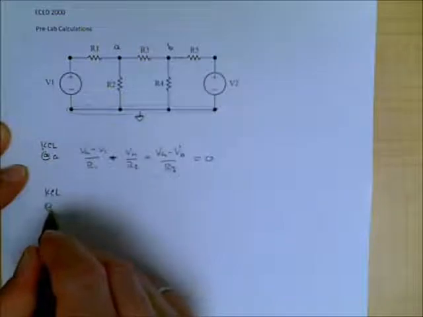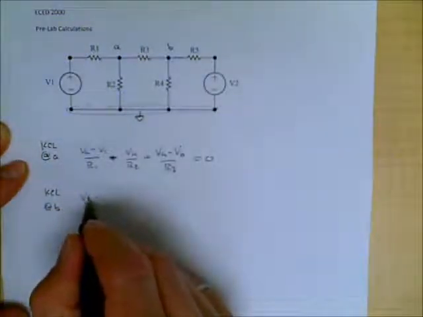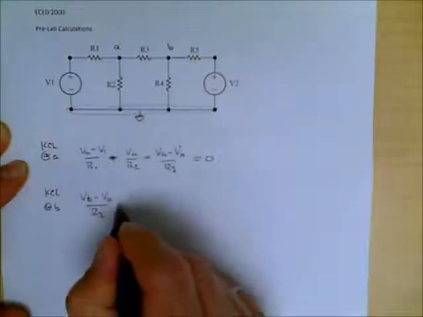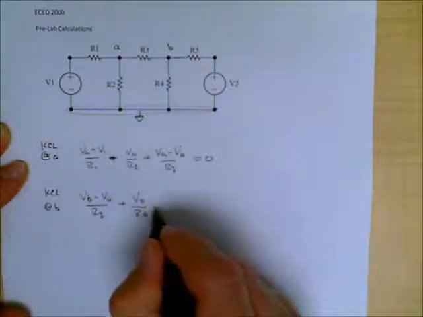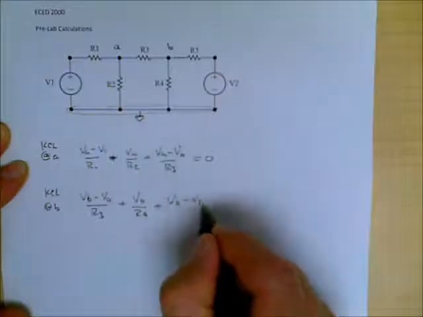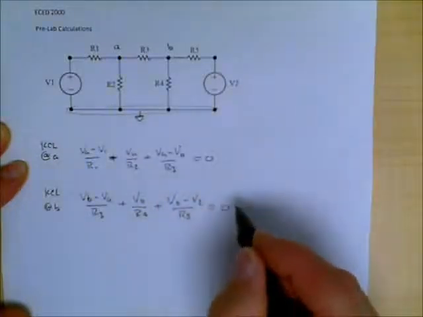KCL at B tells us that (VB minus VA) over R3 plus VB over R4 plus (VB minus V2) over R5 is equal to 0.